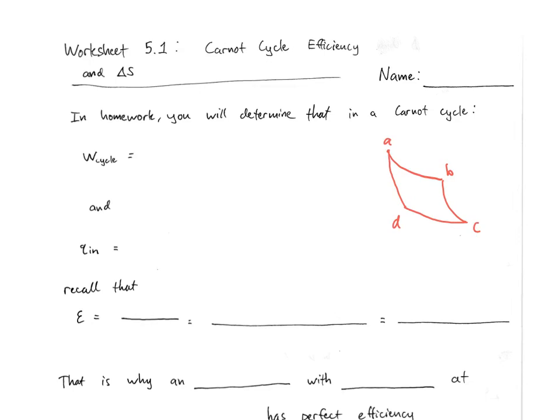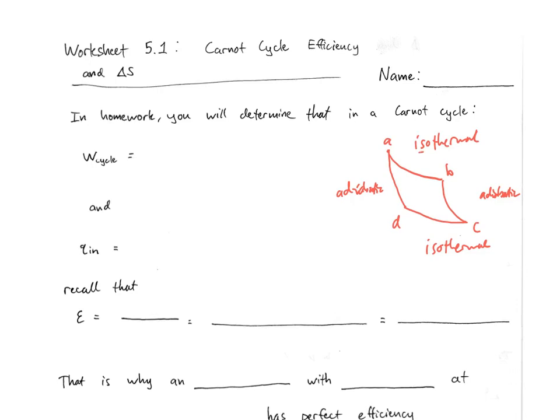The top and the bottom are the isothermal portions of the Carnot cycle, and the left and the right are the adiabatic portions of the cycle. That means that on the adiabatic parts, there is no heat added or removed from the system.